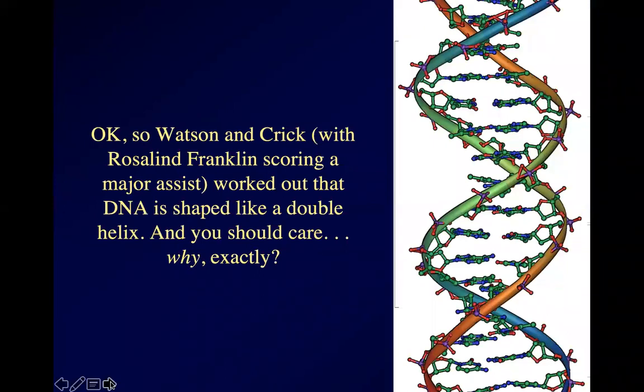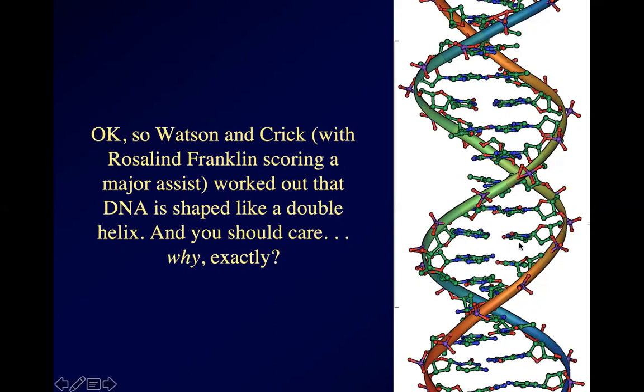So, recap. Watson and Crick work out that DNA has this shape. It's shaped like a double helix, two polymers of nucleotides, two strands, each one twisted about the other, looking a little like a braid or a rope.